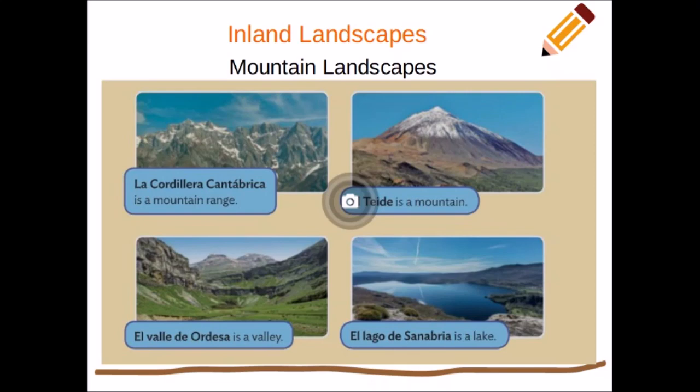So we have things like mountain ranges, which is a group of mountains, a mountain, which is a large, very tall, very high piece of land and rock. A valley is a small, flat area between mountains, and a lake is a large body of water surrounded by land.